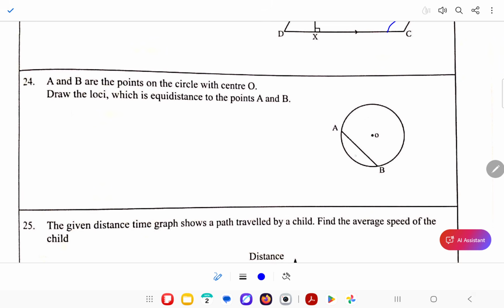So then we know the perpendicular bisector will go through the center also, right? So you want to draw this one, the perpendicular bisector of the AB chord.